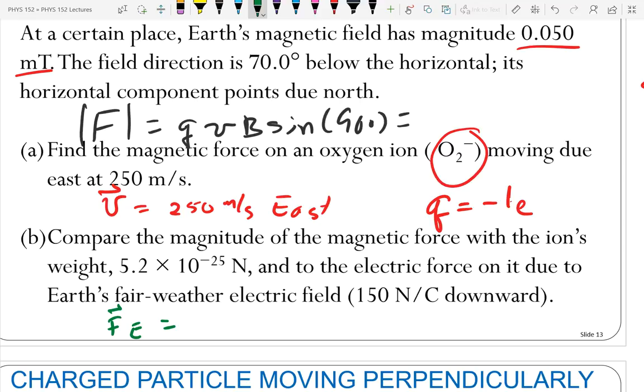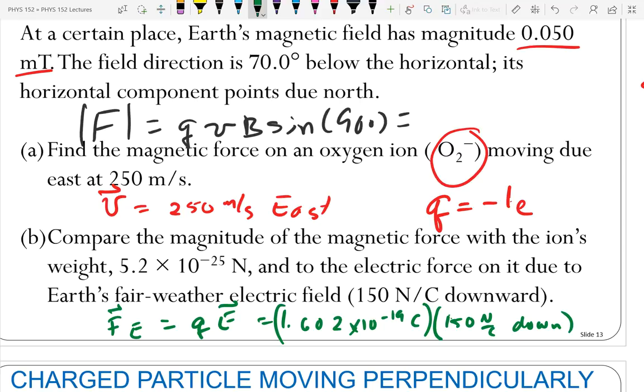It's the force divided by Q is the electric field. So that means the force is the electric field times Q. And look at that. 1.602 times 10 to the minus 19 times 150. That's going to be a lot bigger.